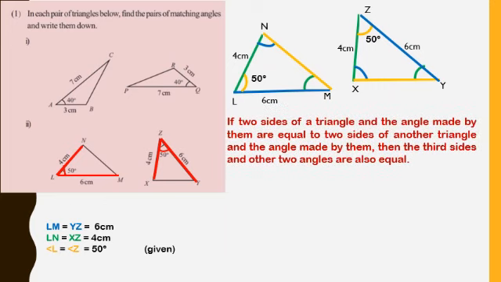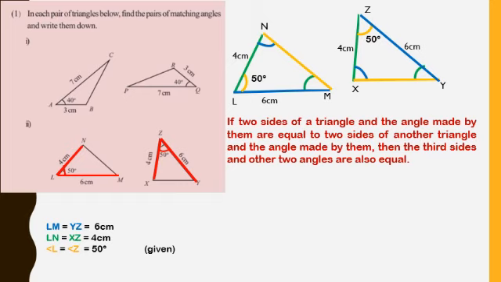Now let us see our second property. If two sides of a triangle and the angle made by them are equal to two sides of another triangle and the angle made by them, then the third sides and other two angles are also equal. That means these two triangles are equal.